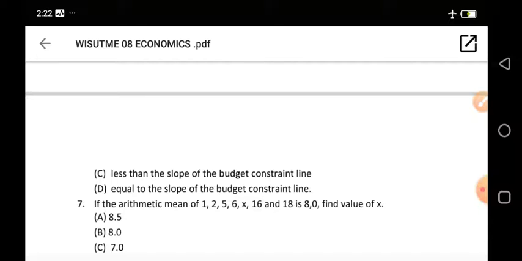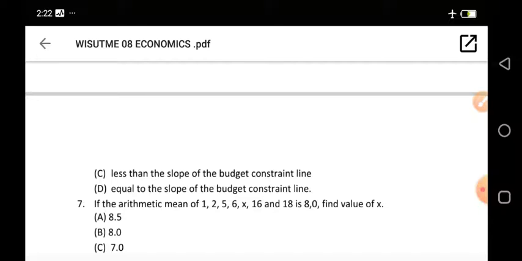Question 7. If the arithmetic mean of 1, 2, 5, 6, x, 16, and 18 is... I think there's an error in this question, because that should be a whole number, not 8.0. So let's assume it is 80. So what you have to do is count the number of observations. We have 1, 2, 5, 6, x, 16, and 18.